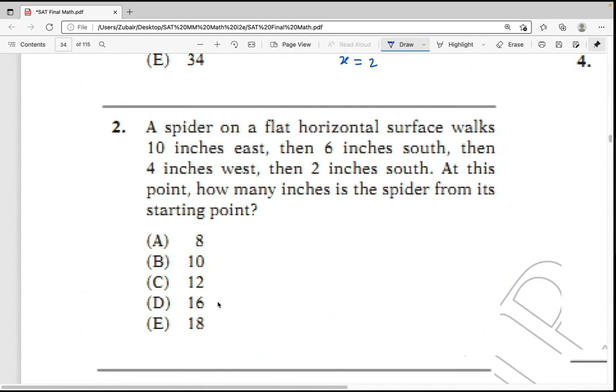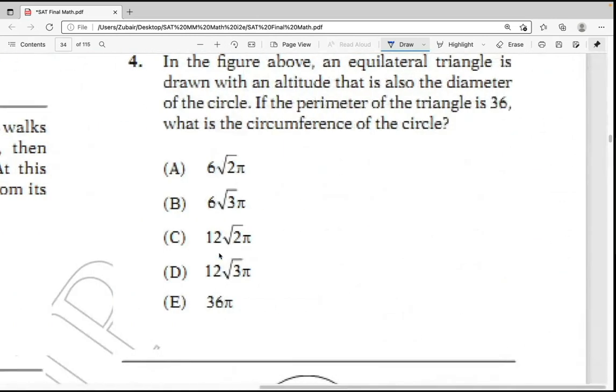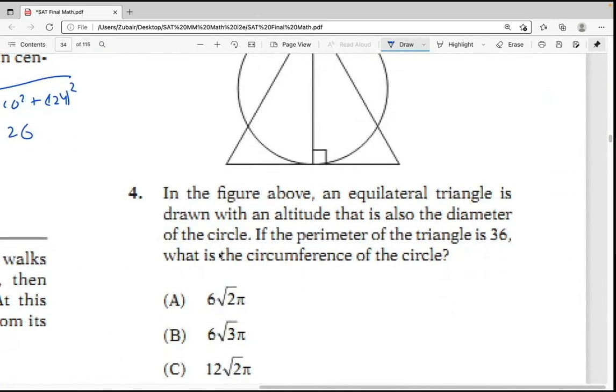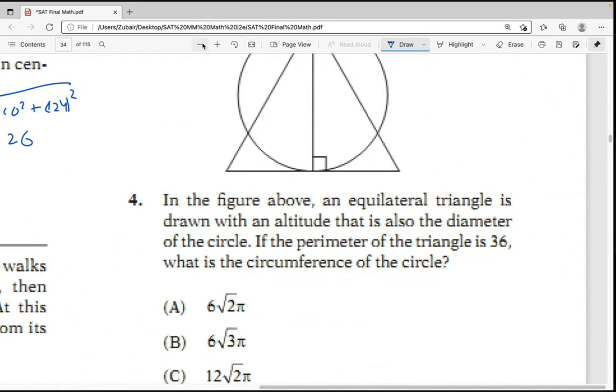Very good. Now try question number 4. Let me zoom out.